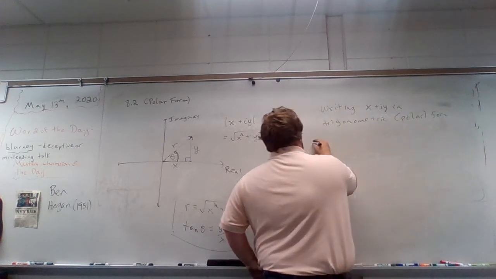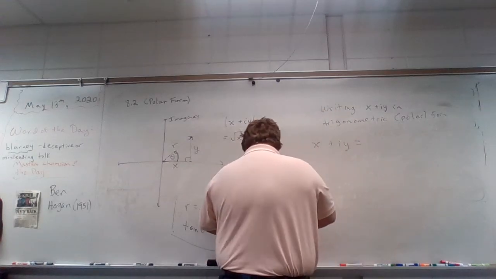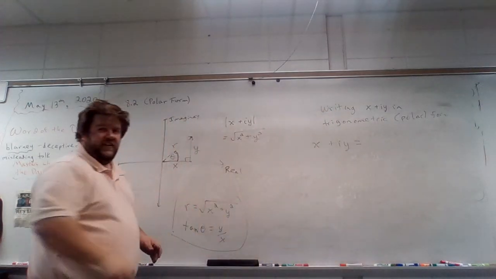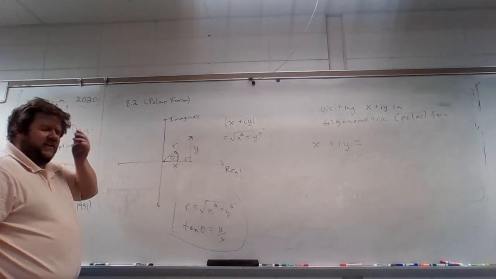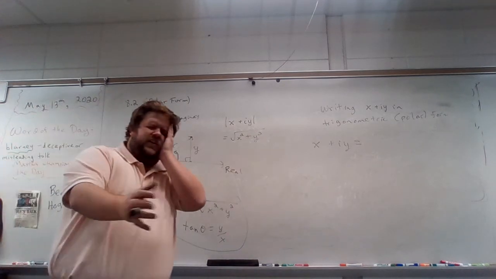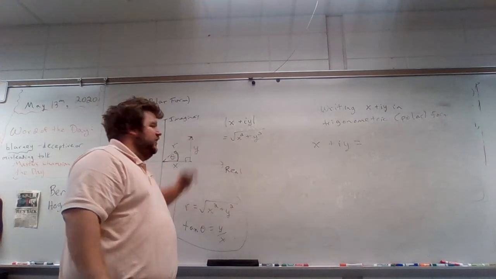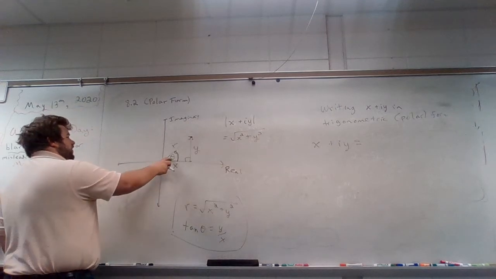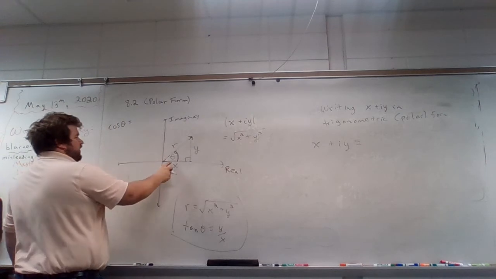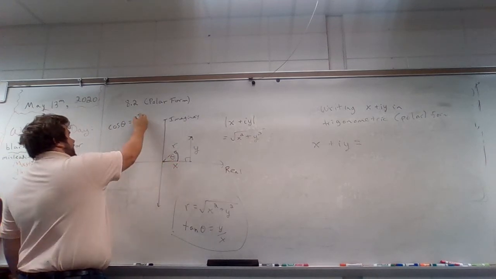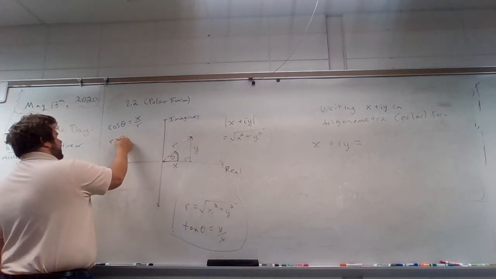Well, x plus iy, what is that? I really want to get x in terms of r and theta because r and theta are going to be my new parameters to determine this point. So here, I know that the cosine of theta is my adjacent over my hypotenuse. That's x over r. So I know that x is r cosine of theta.